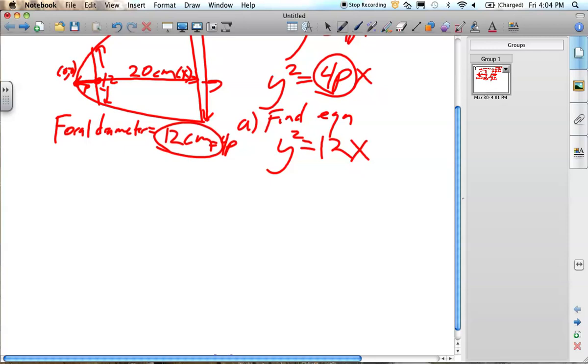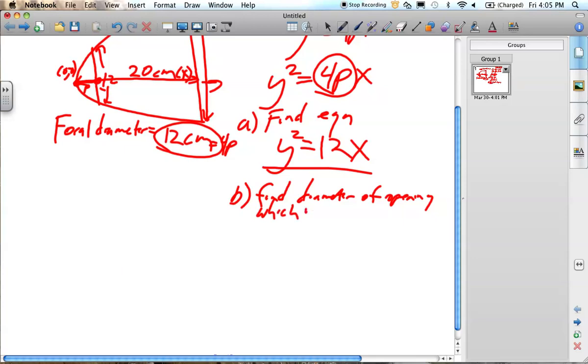Okay. Here's our equation. So part B is find the diameter of the opening, which is 20 centimeters from the vertex.